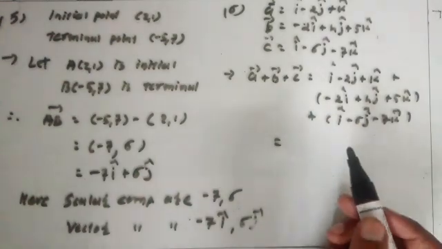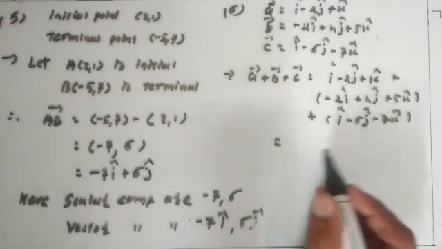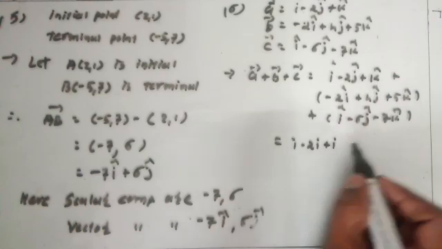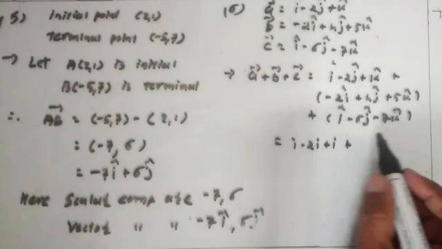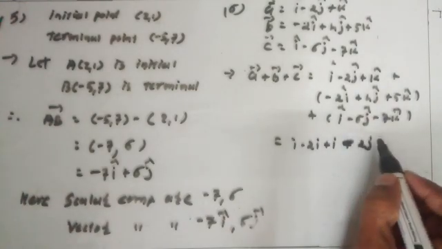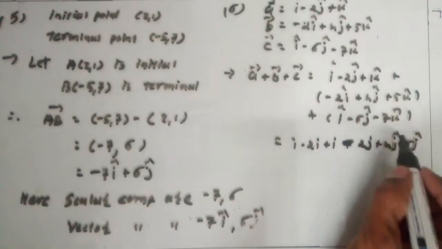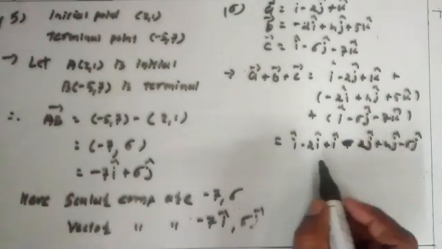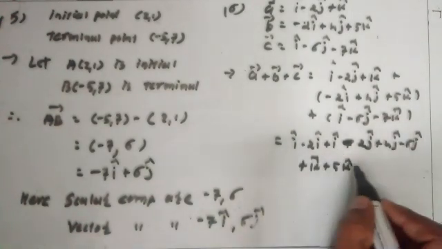Now arrange the terms. With the component of i: i minus 2i plus i. With the component of j: minus 2j plus 4j minus 6j. With k: k plus 5k minus 7k.